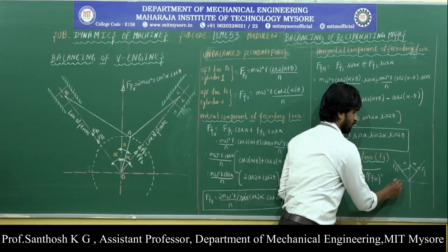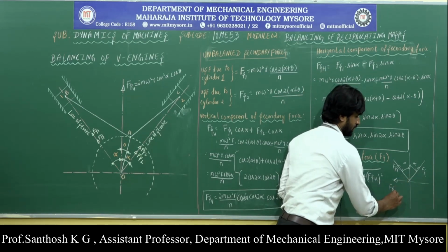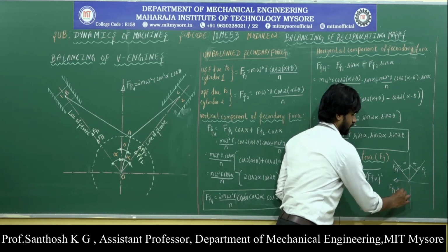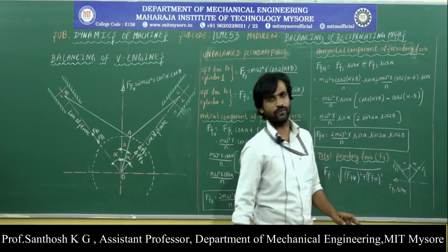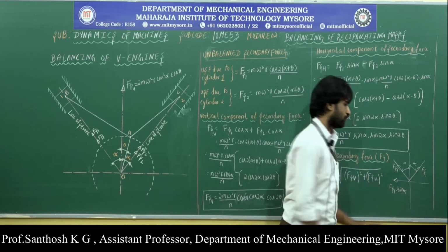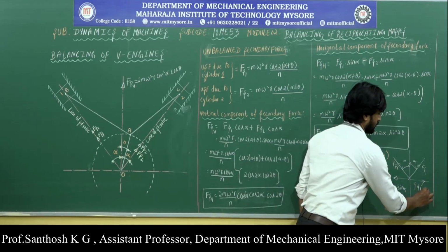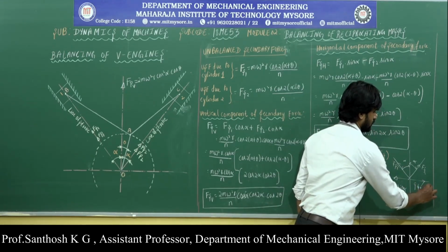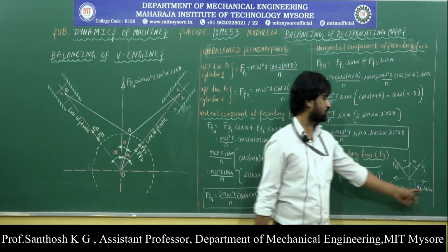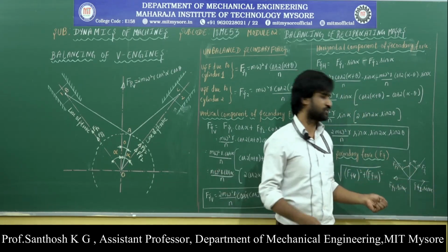So Fs1 along the horizontal direction will be Fs1 into sine alpha. Similarly, the component of Fs2 along the horizontal direction will be Fs2 into sine alpha. So these two forces are acting in opposite directions.